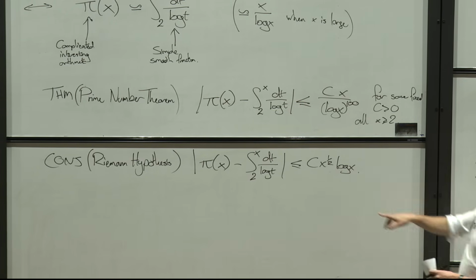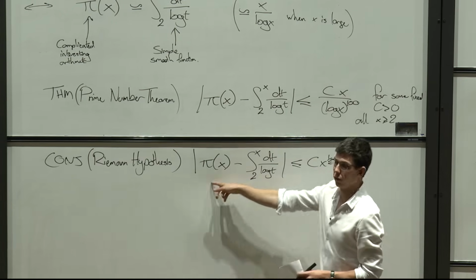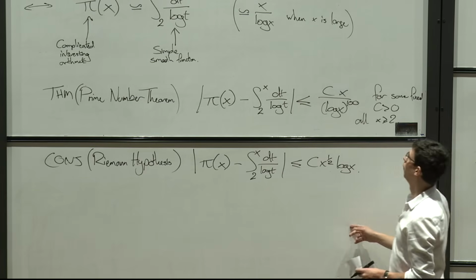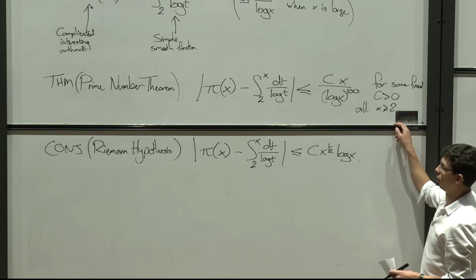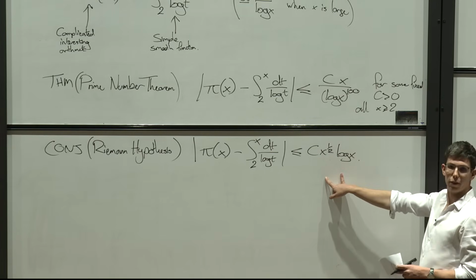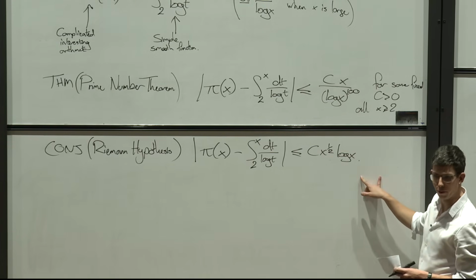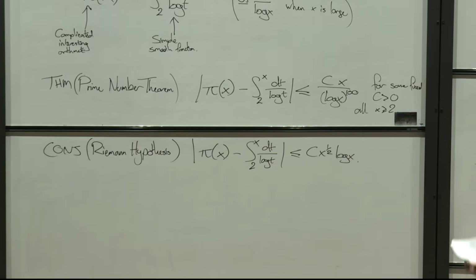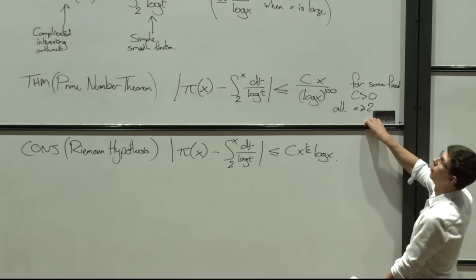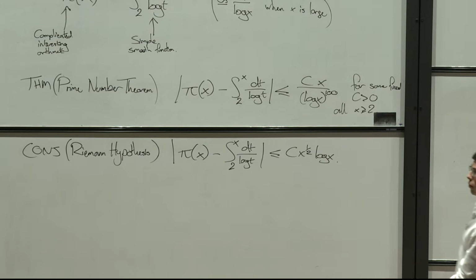And so this is really saying that these two things are very, very close to one another, whereas this is a weaker version of this. But the Riemann hypothesis is completely open. We don't have any idea of how to prove it, but we'll see through the course how the Riemann hypothesis fits into a more general scheme of these sorts of estimates.